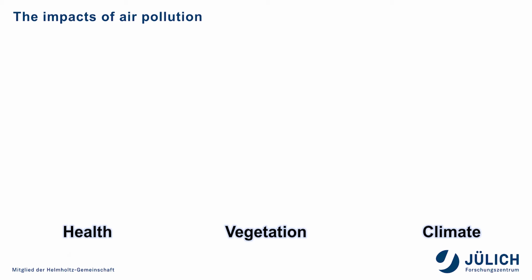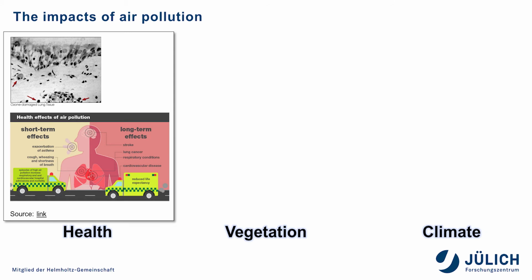So you see here health impacts on the left-hand side, and just a few words on those. The top shows you an X-ray image of ozone-damaged lung tissue. If you go to the website, you will see a comparison of how a healthy lung looks and the damaged lung. But what's important to note here is that air pollution impacts have two different timescales associated with them.